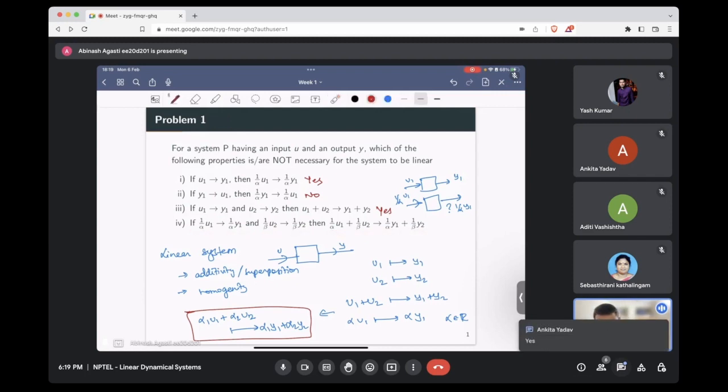Again, a yes. So this is also the principle of additivity, as is the previous one. This one is homogeneity, and this is not there. These two are additivity. Okay, is it clear? We'll move forward. If you have any doubts, you can stop me.